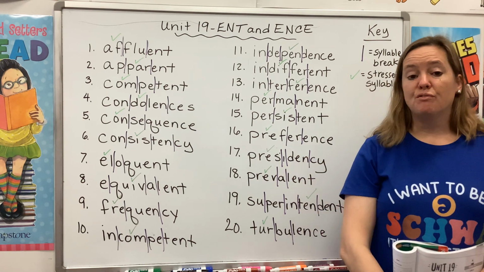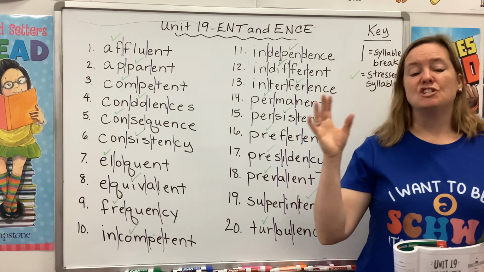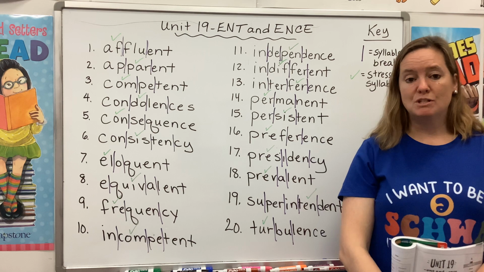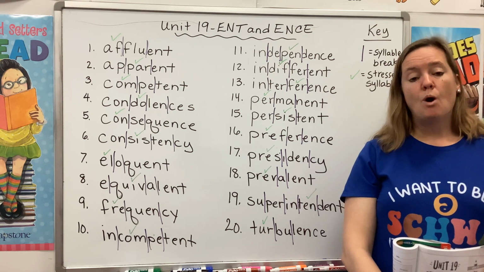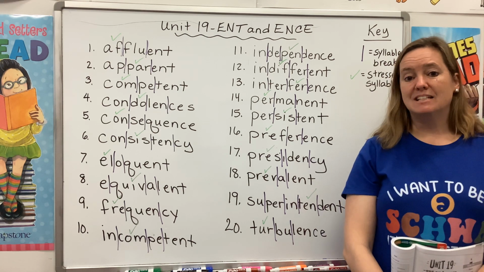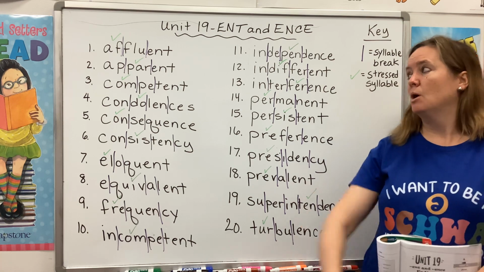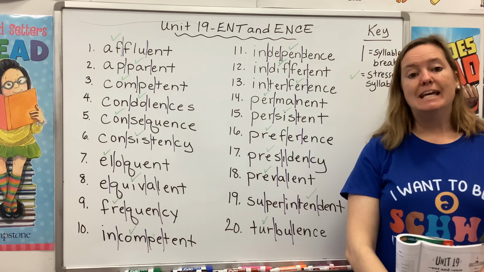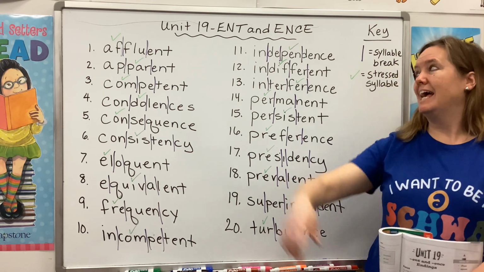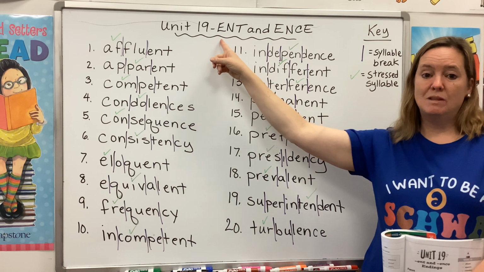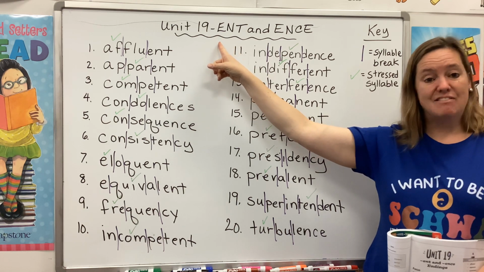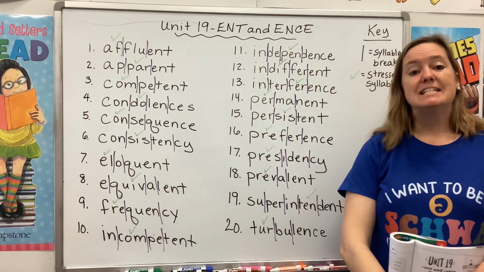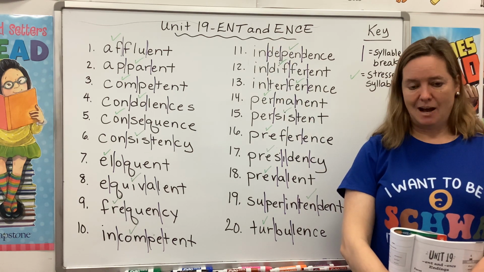For instance, you could take distance and change it to distant, or distant and change it back to distance, and there were a bunch of other examples as well. Well, this week we're going to notice that something very similar happens with words that end with ENT and ENCE. In many cases, we can take an adjective that ends with ENT, a word like different, and we can change the ending to ENCE, difference, and it becomes a noun.